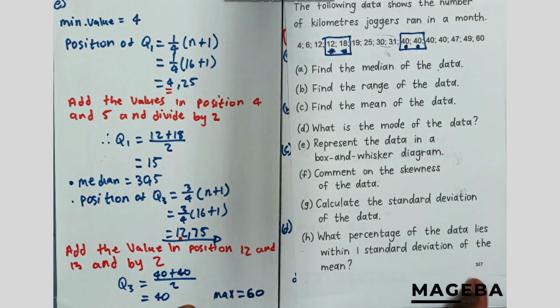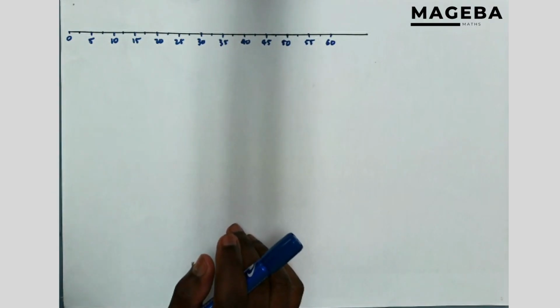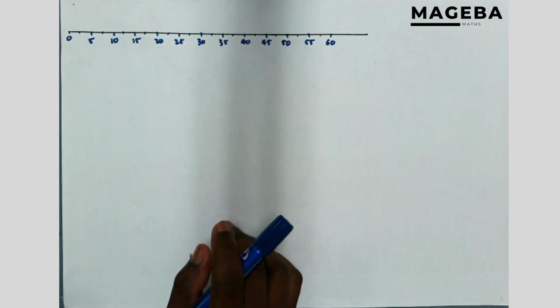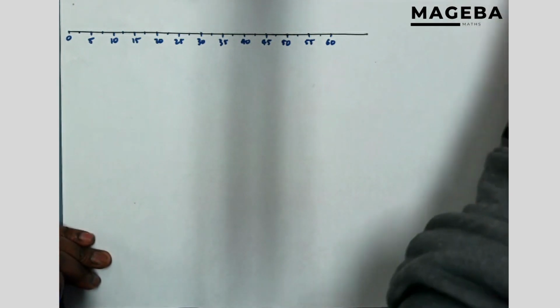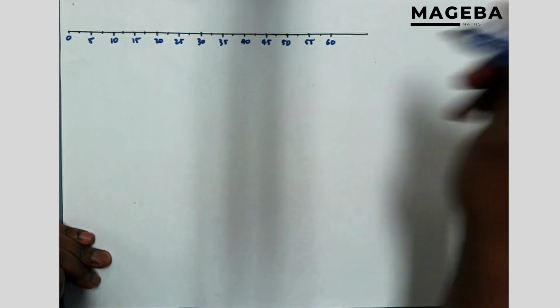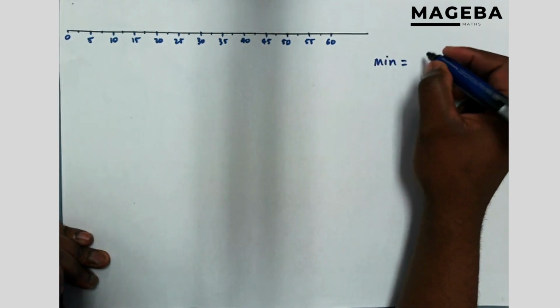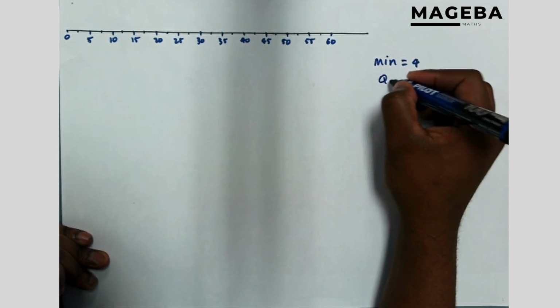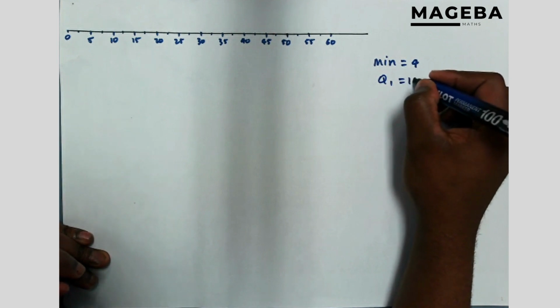Now let's go and draw our box and whisker. Okay, now we can draw our box and whisker. If we write our information here, we have our minimum, which is equal to 4, and our Q1 was equal to 15.